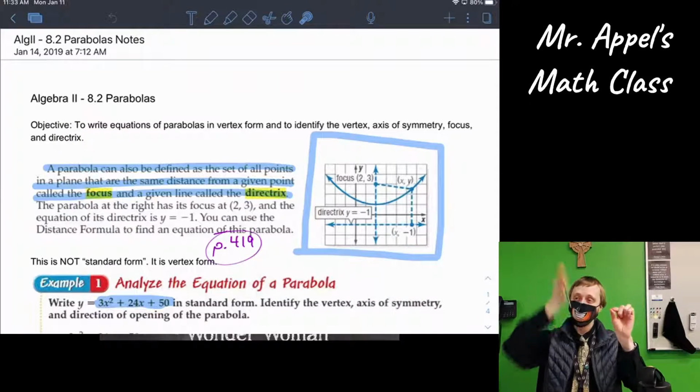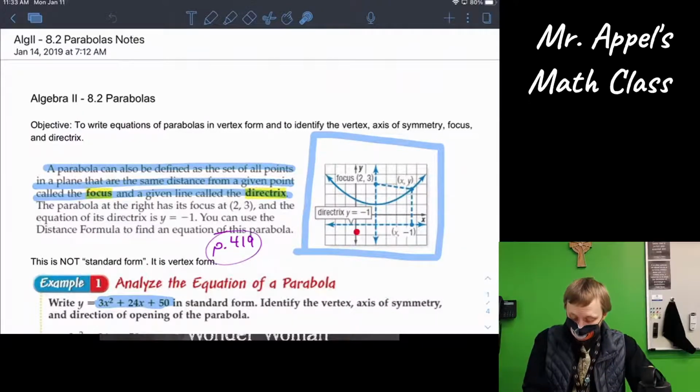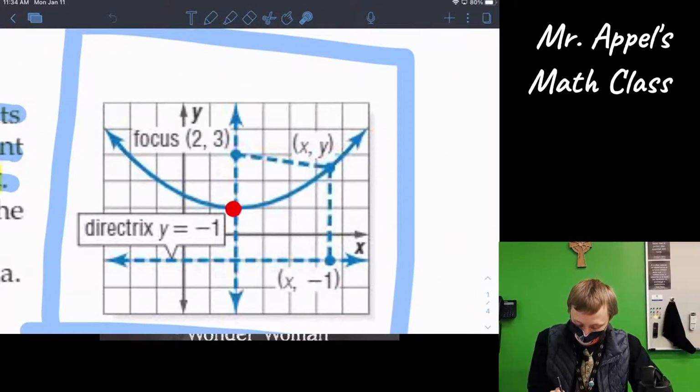It's from one point and a line. Okay, so notice right down here at the vertex itself, it is equidistant from the focus straight up, the directrix straight down. But if I go over to the side, right, well, now it's this diagonal thing versus straight down to the directrix. Okay, and the parabola is all of those points.